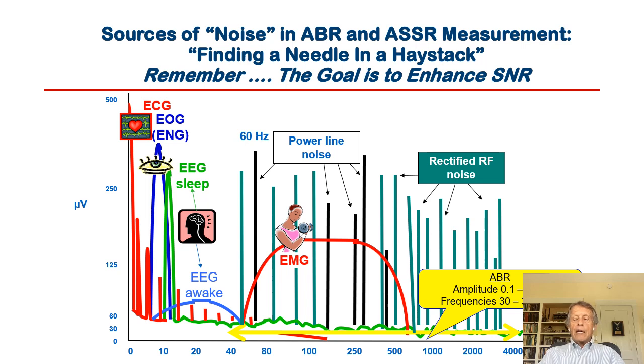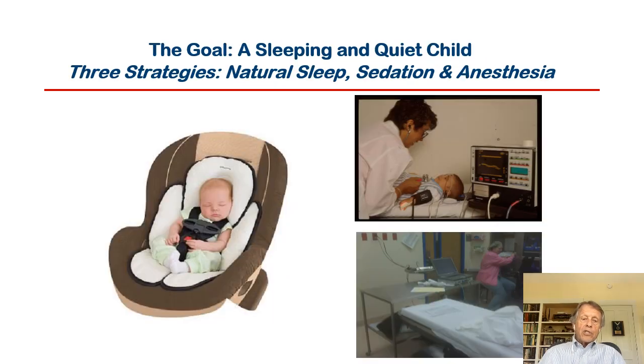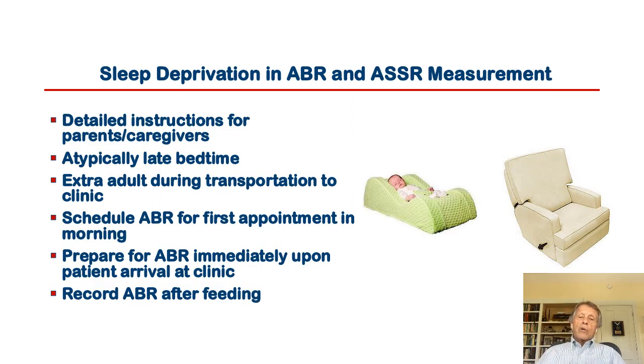So how do you do that? Well, one option is natural sleep. So you do everything that we talked about earlier, everything you can to deprive the child of sleep the night before and right up until the test, and then allow the child to sleep. Most children who have been deprived of sleep and who are then fed and who are in a quiet place or in their mother's arms or in a very secure environment, they will sleep deeply.